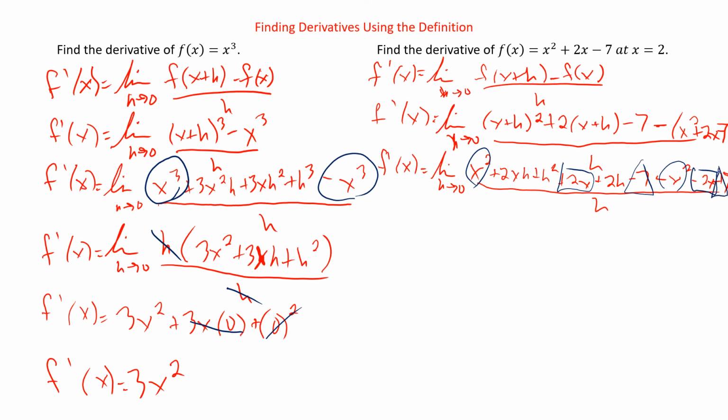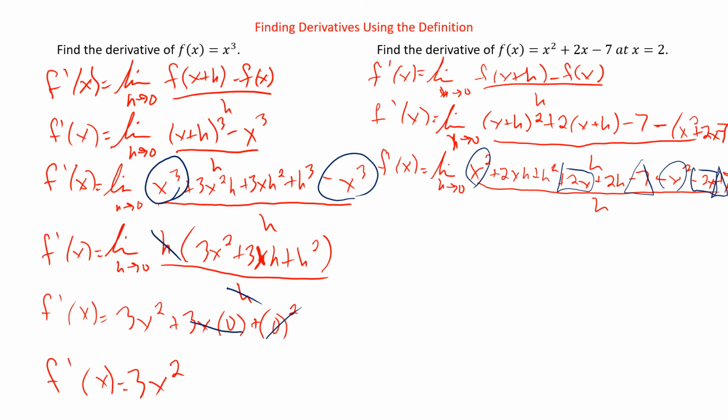Those can all cancel. Everything from the f of x will always be able to cancel, leaving everything that's left has an h in it, always. With polynomials, when you get to like trig, it's a little bit funnier, but with polynomials, that is always the case.